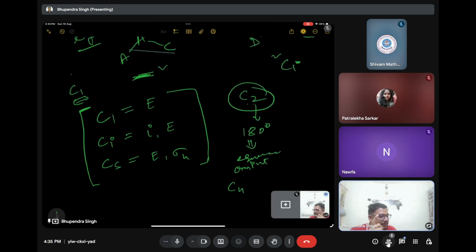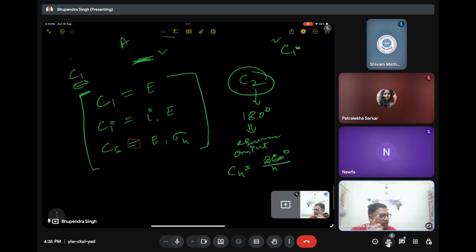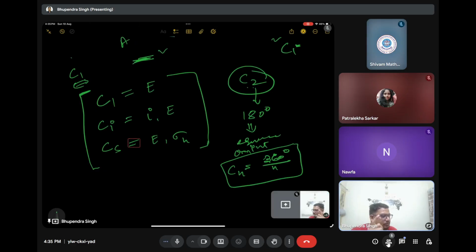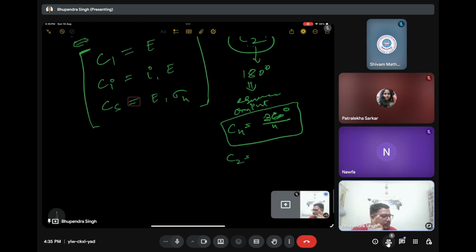So it is like Cn, 360 divided by n, right? If C2 is there, it means 360 divided by 2, which is equal to 180 degrees rotation.